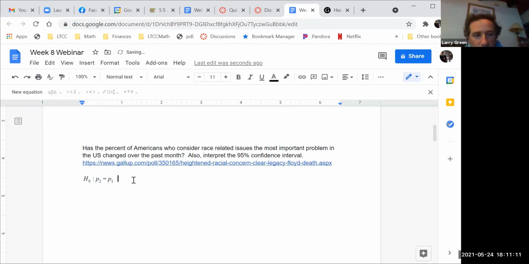And let me write down where P2 is the population proportion of Americans who think that race-related issues are the most important this month.